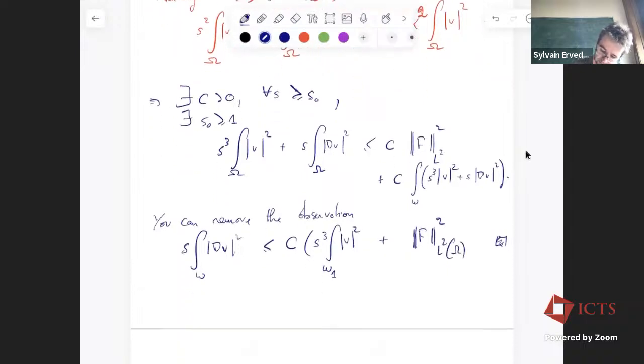Okay, this is classical stuff. You just take a cutoff and then you realize that v somehow satisfies the Laplace operator with some lower order terms. But since it is a Laplace operator, you can get estimates simply by multiplying it by v, and if you introduce a cutoff, you multiply it by chi v, where chi is a cutoff, then you will manage to get this. And once you have that, you are done.